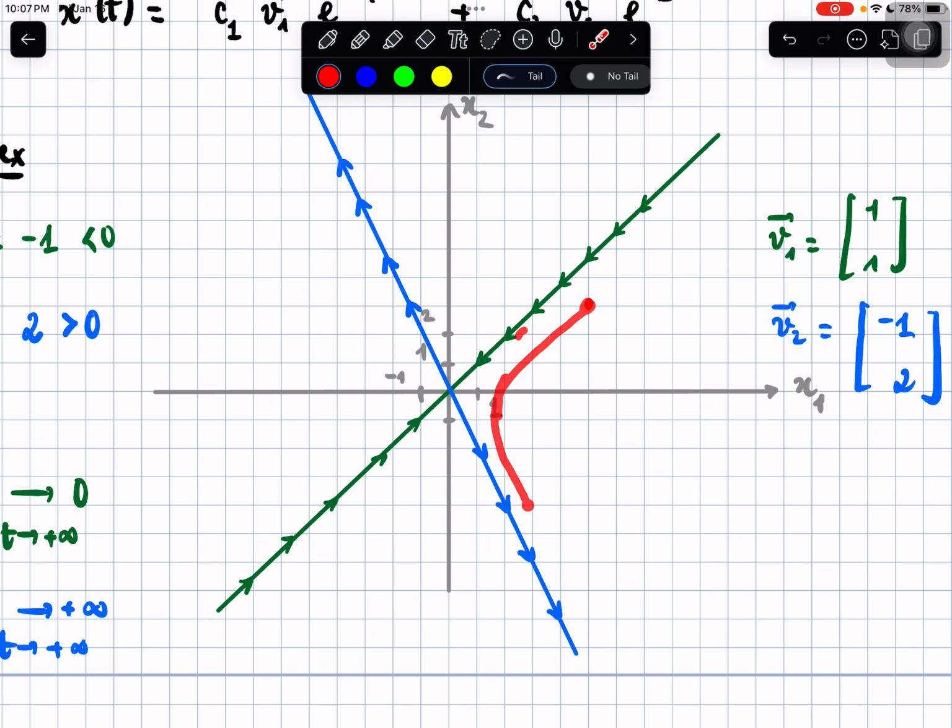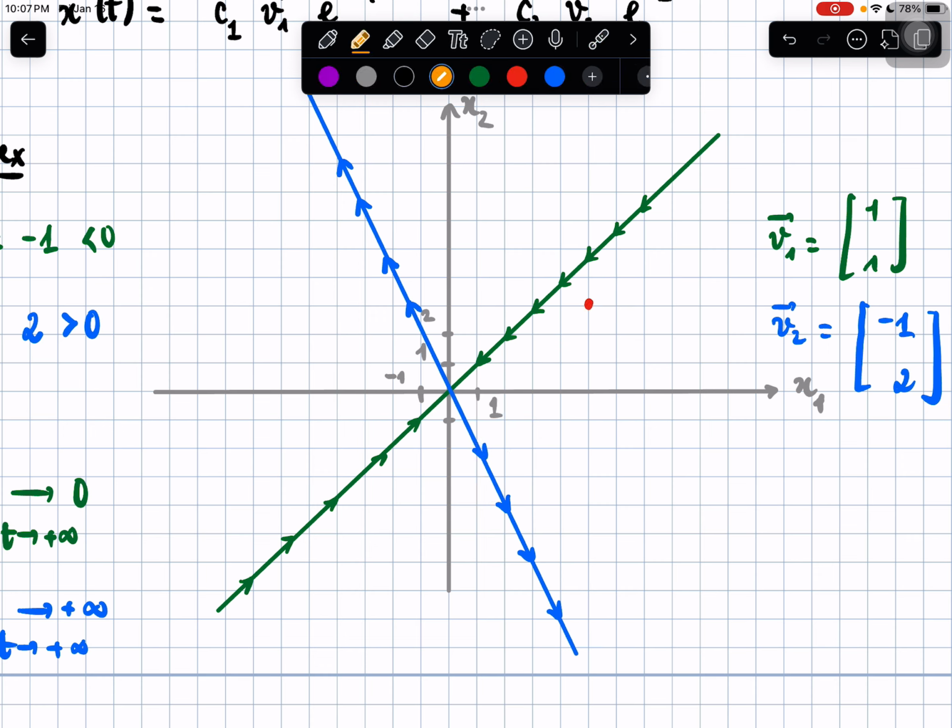Then once we are close to the blue line, the solution is influenced by the blue one and follows that.